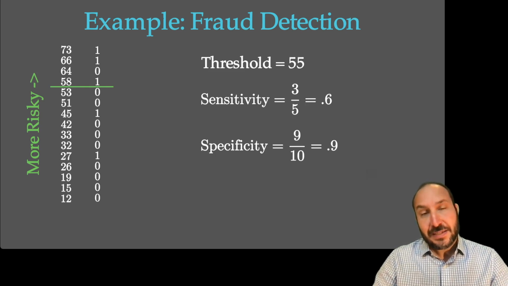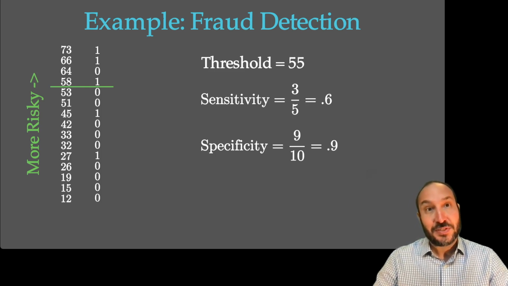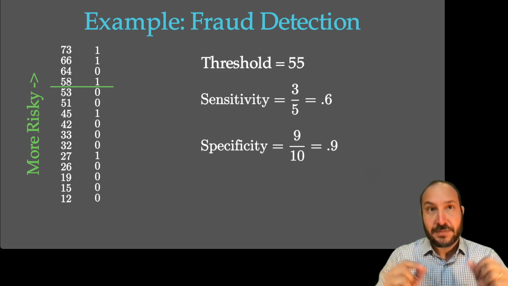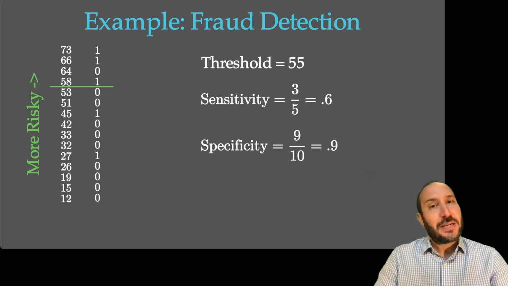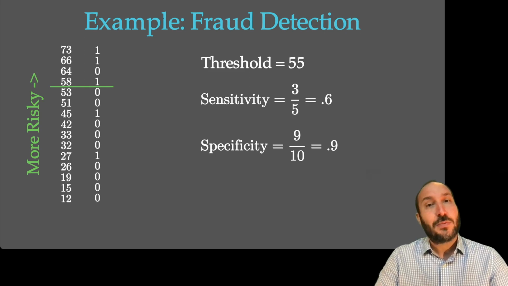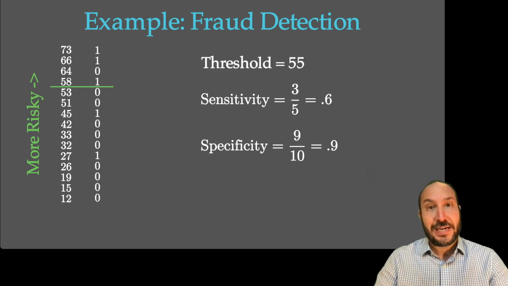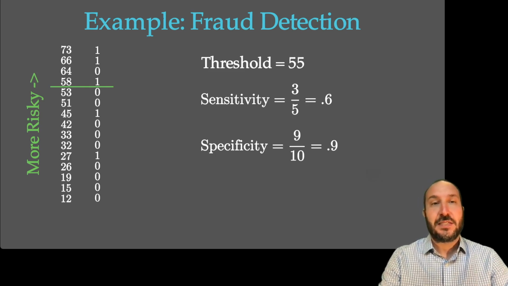If we knew exactly where we wanted to operate in terms of our tolerance for false positives and false negatives, it might be reasonable to say, okay, I'm going to examine certain thresholds in certain ranges. But if we're just developing a model, we're still not really sure how we're going to use it. We just want to say, I want something that works pretty well across all possible thresholds in all ranges of the curve, in all ranges of trading off sensitivity and specificity.